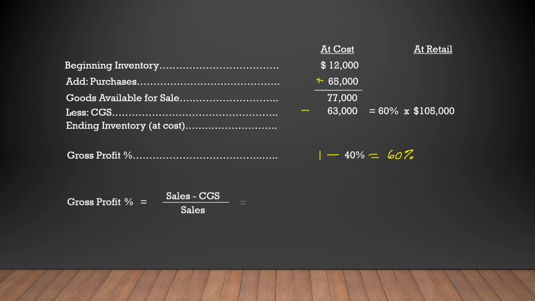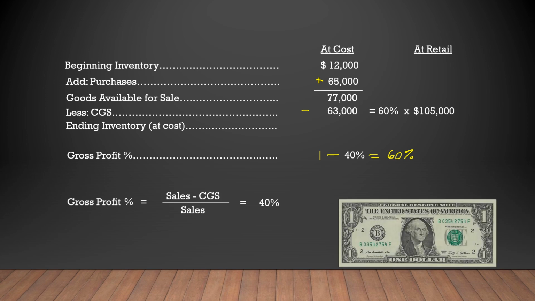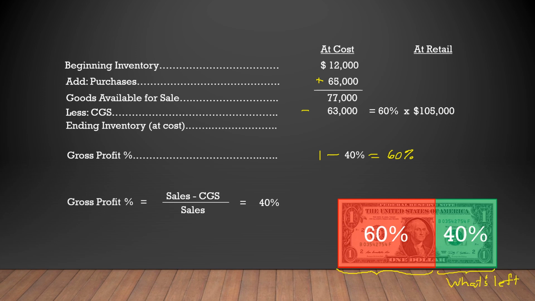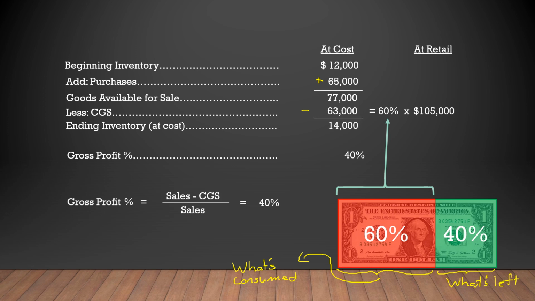For every dollar of revenue, 40% is left after taking out cost of goods sold. This means that cost of goods sold consumes 60% of that dollar. That's the percent we need to convert sales to cost of goods sold. With that taken care of, subtract the $63,000 from $77,000, and we arrive at ending inventory at cost of $14,000.